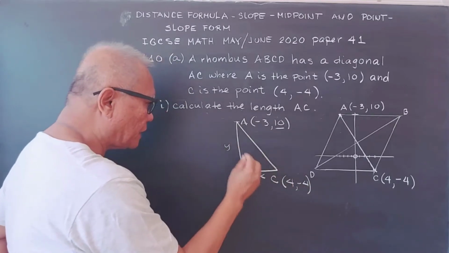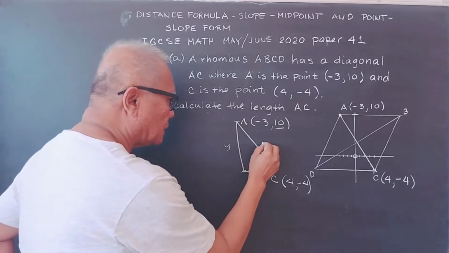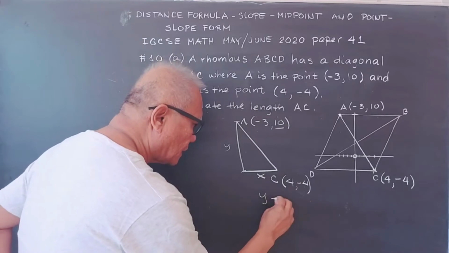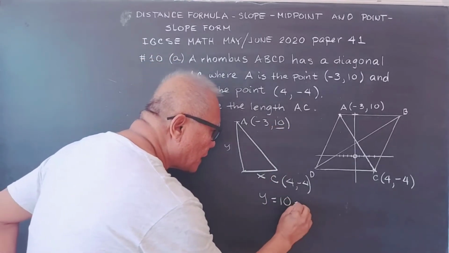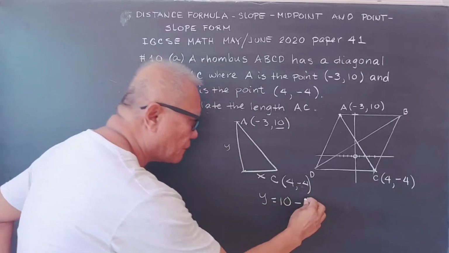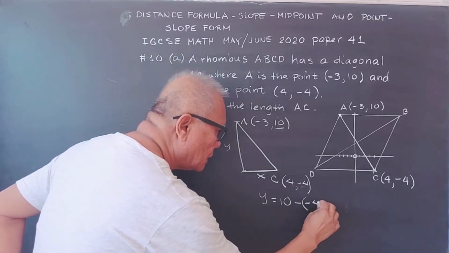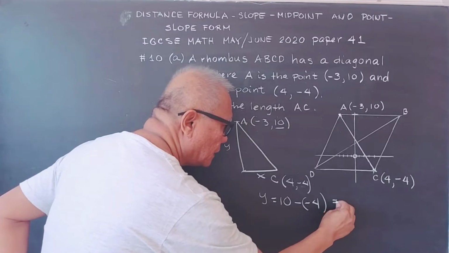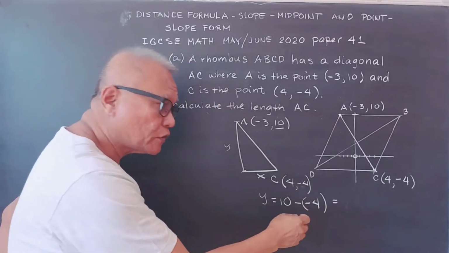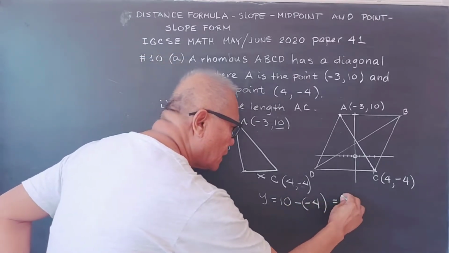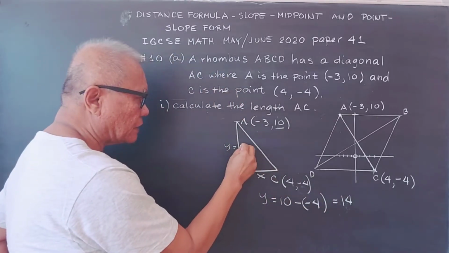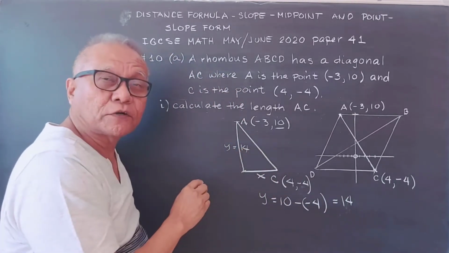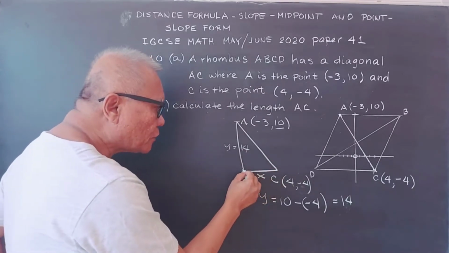So our y here is 10 minus this -4 here. So negative times negative is positive. So 10 plus 4, the height of our triangle is 14.